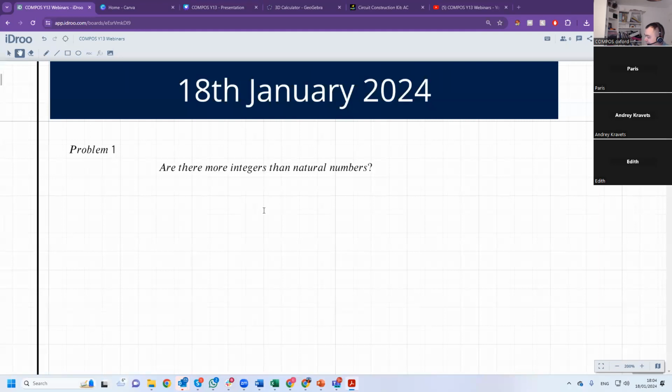Remind you that natural numbers is N, and there's an infinite number of both of them, so no. Okay, I'm glad you said that.